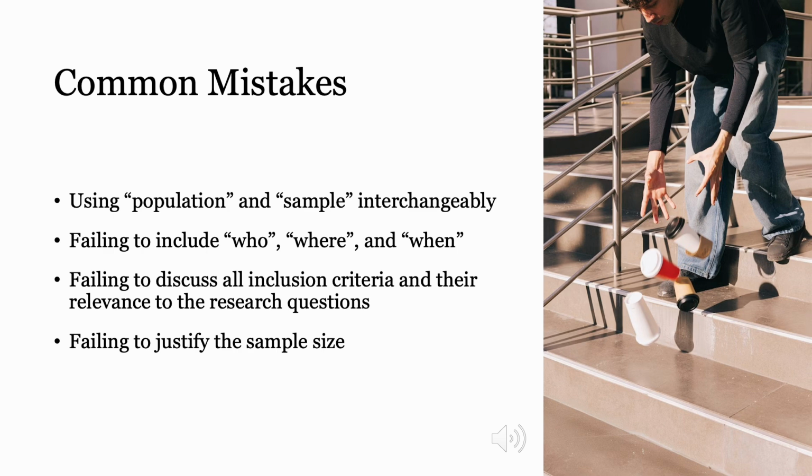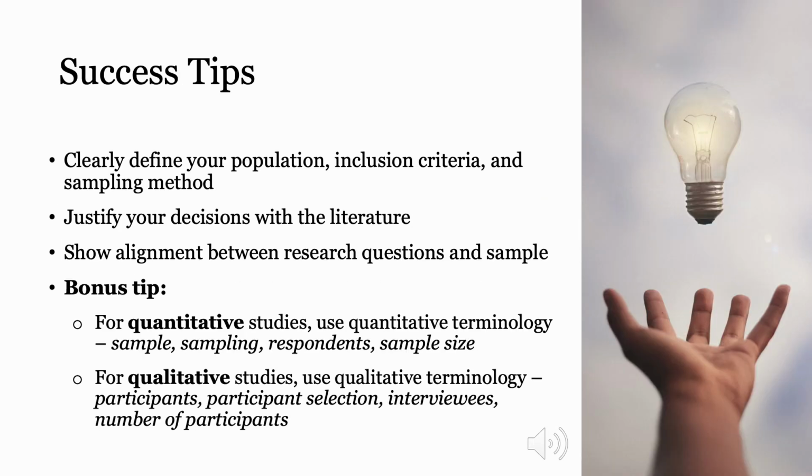Your population will only be clear to the reader if you answered all three questions. Next, don't forget to account for all inclusion criteria you set for your study, as well as to explain why they matter. And finally, always ensure that your sample size is not only reported, but also justified based on your research design and intended data analysis.